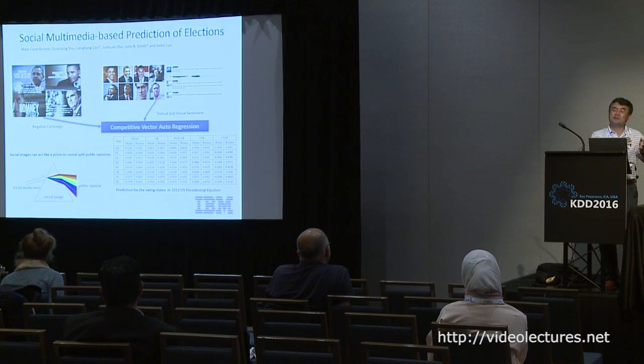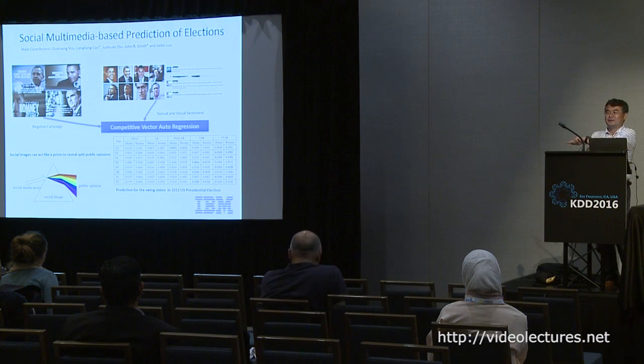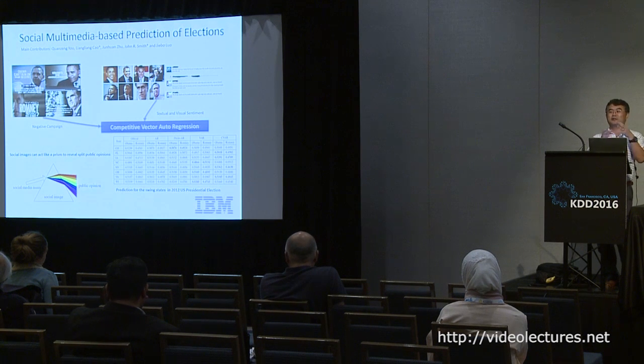So what we did the first time around was incorrect, because we counted every image you share as for the person. It could be against the person, and when it's against the person, it's actually a vote for the other person. So that's why we use computer vision techniques to figure out the sentiment, and we correctly credit the image sentiment to the right candidate.